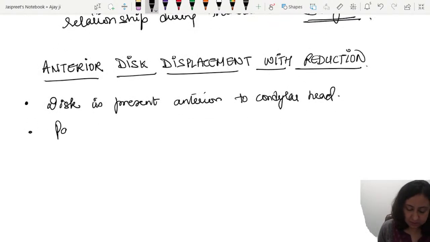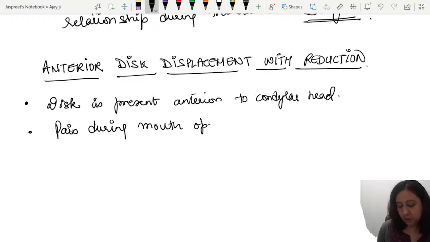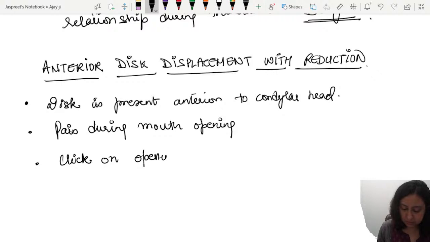There is pain during mouth opening. Alright, there is pain during mouth opening. There is click on opening and click on closing.